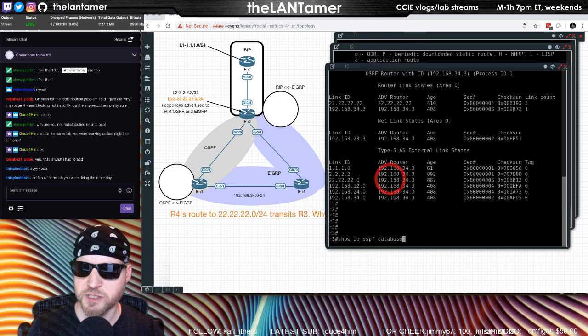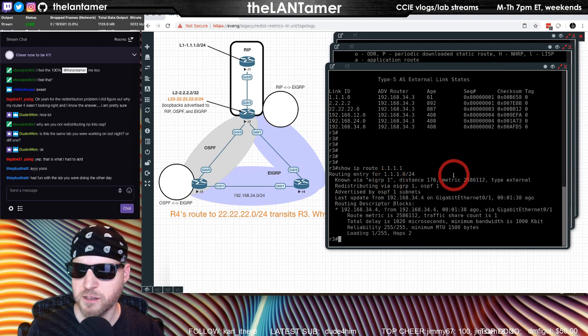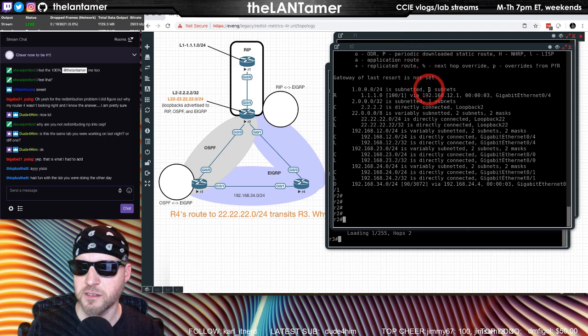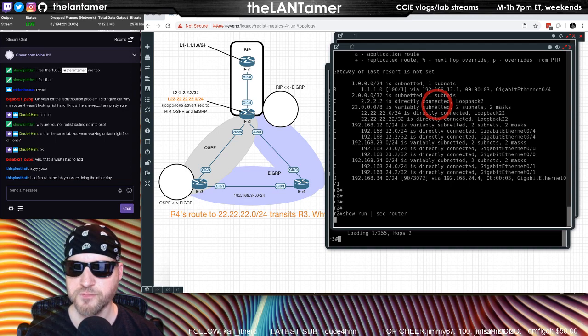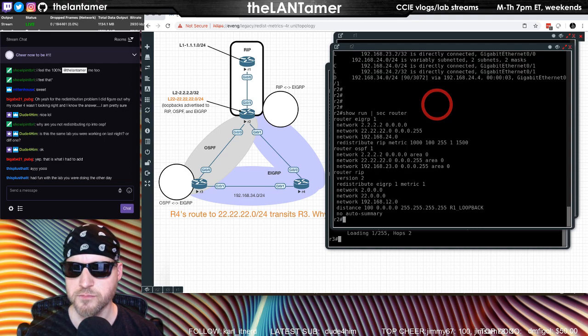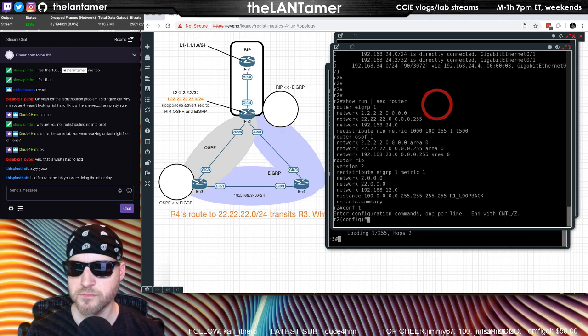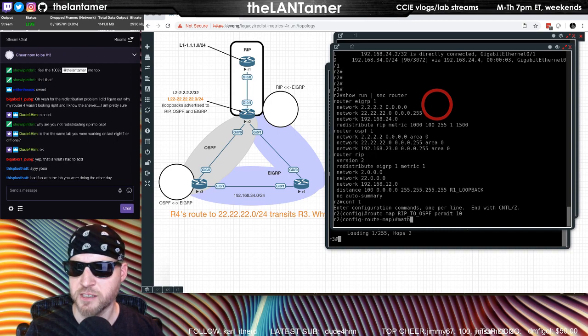Let's see, what is the metric right now over here? 170, yeah. So what we could do, pretty simple. Let's do a route map too. Route map rip to OSPF permit 10 and match address R1 loopback.